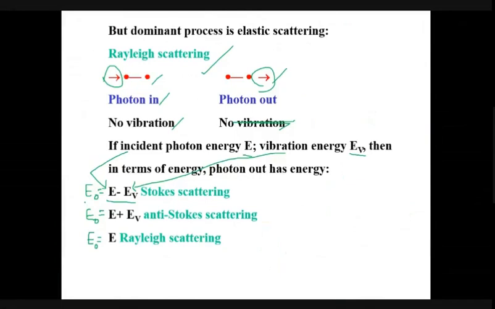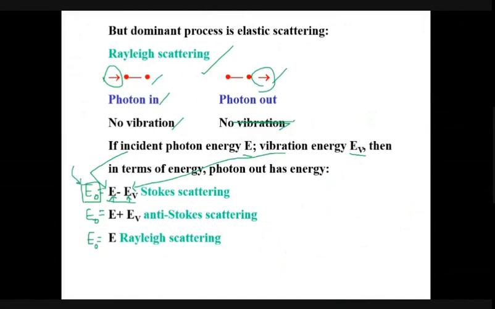So the energy of the photon which is leaving the molecule, let us say photon out energy in case of Stokes scattering, is equal to the incident photon's energy minus vibrational energy. Now whose is this vibration energy? The molecule's. Okay, so whatever difference there is equal to the photon out's energy.